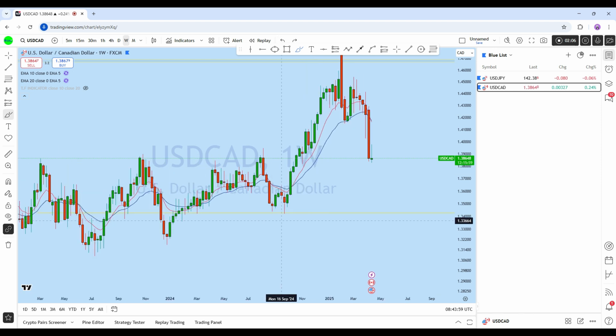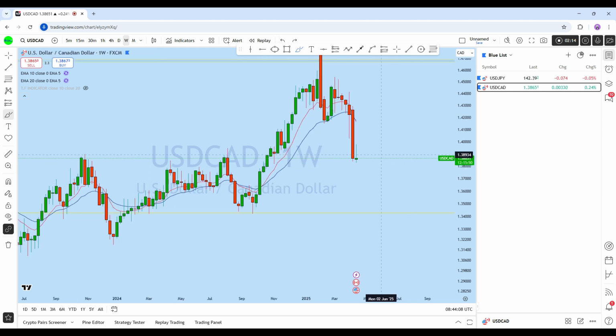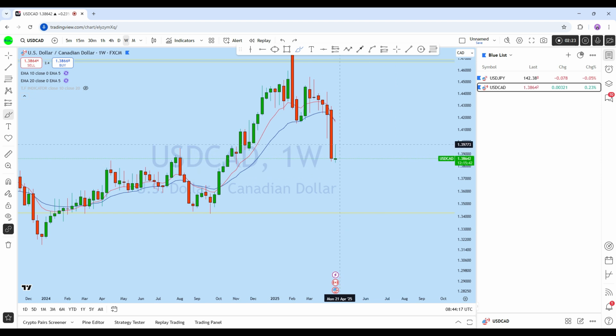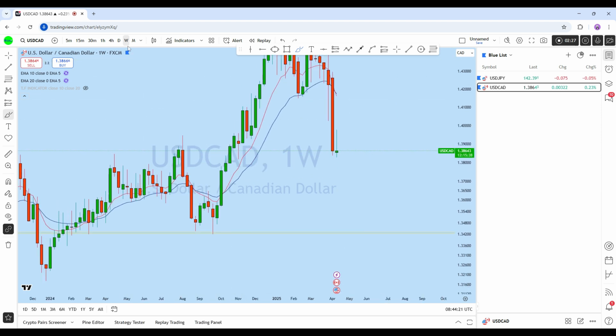Now, this is a very important support here, support here, support here, and also support here, which is a very important level, expecting dollar CAD to potentially trend in that direction to that support level. So there is a high probability that dollar CAD from the weekly as well may remain bearish in that area.